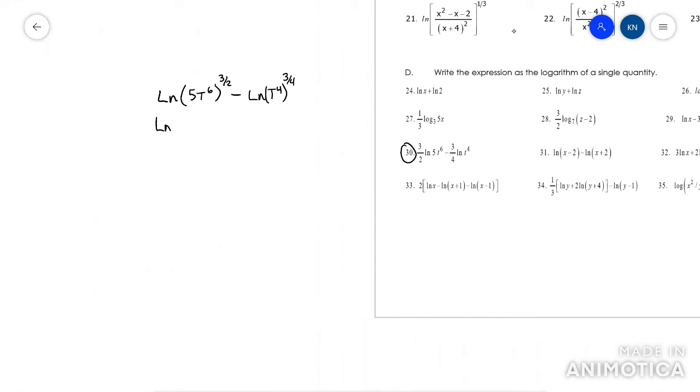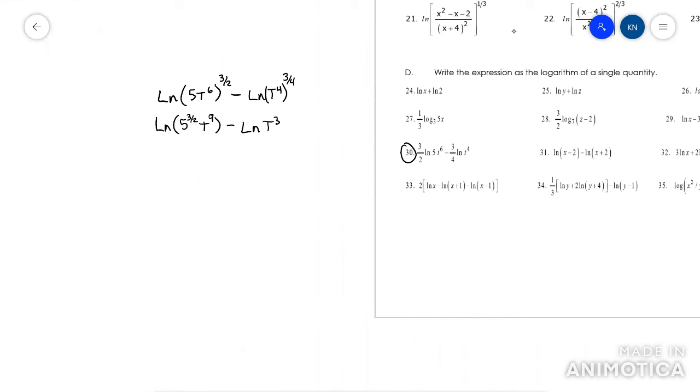So it's really like ln of 5 to the 3/2. t to the 6 times 3/2 is 9. Minus ln of t to the 4 times 3/4 is 3.